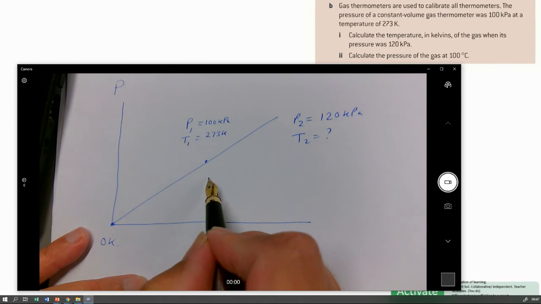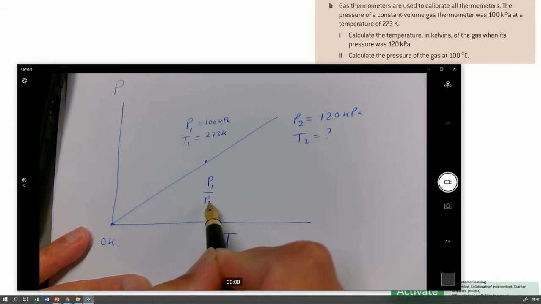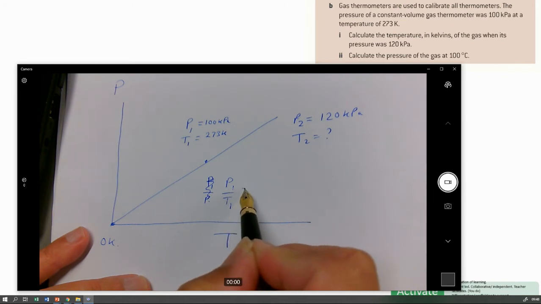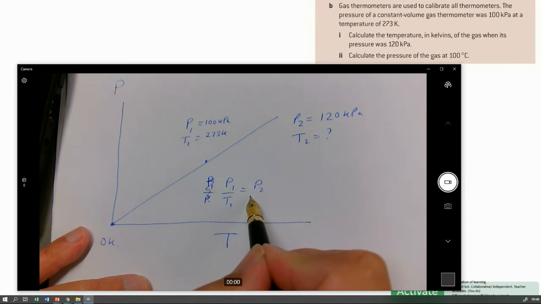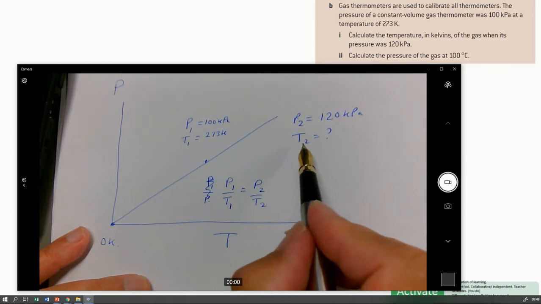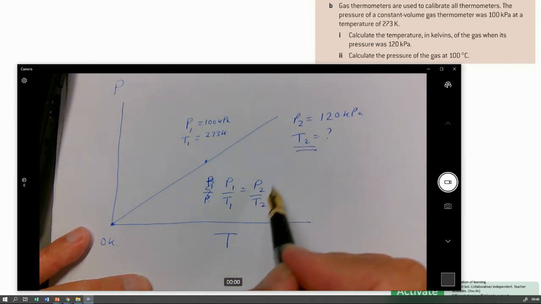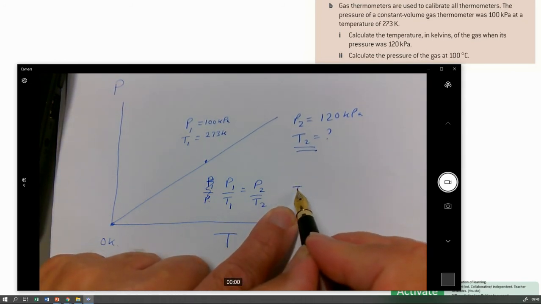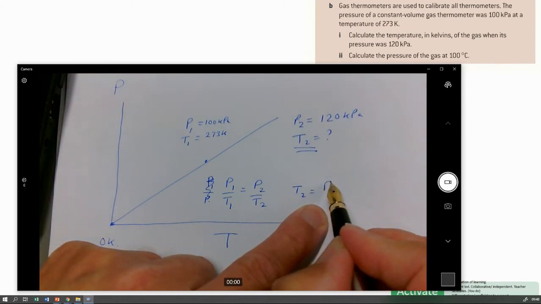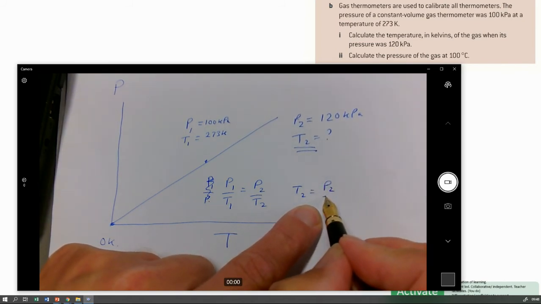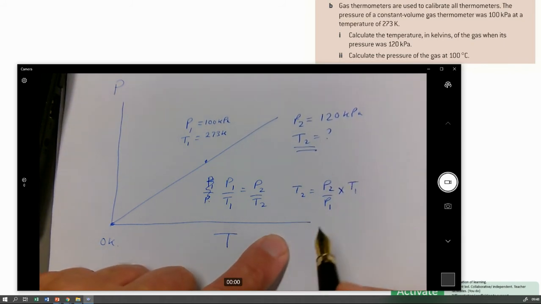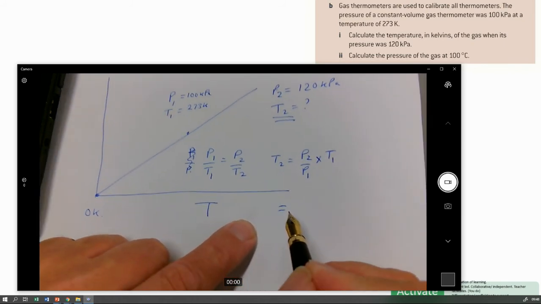The relationship is P1 over T1 is equal to P2 over T2. We want to find T2, so let's make T2 the subject and rearrange: T2 is equal to P2 over P1 multiplied by T1.